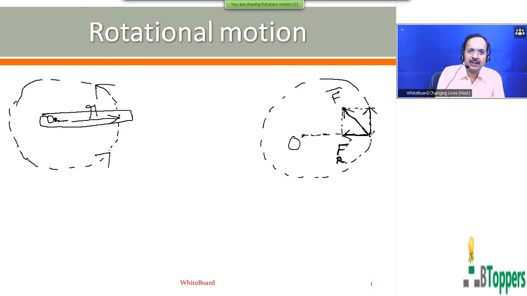The component which acts along the tangent to the circular path we call the tangential component of the resultant force, which is denoted by Ft.